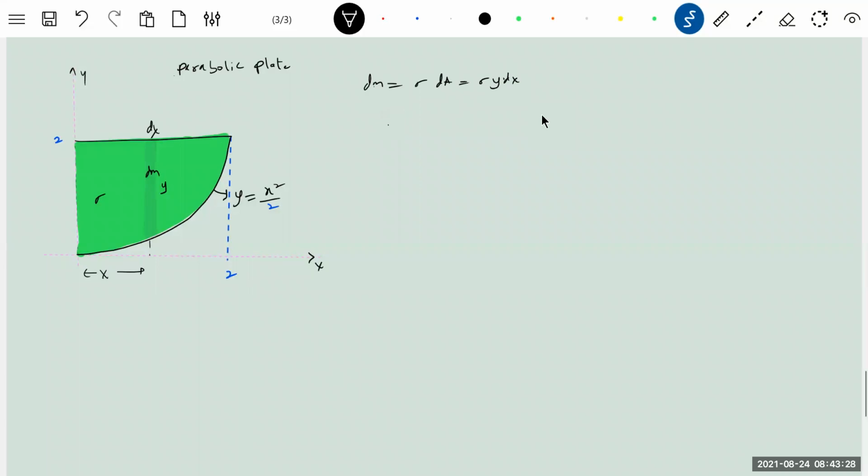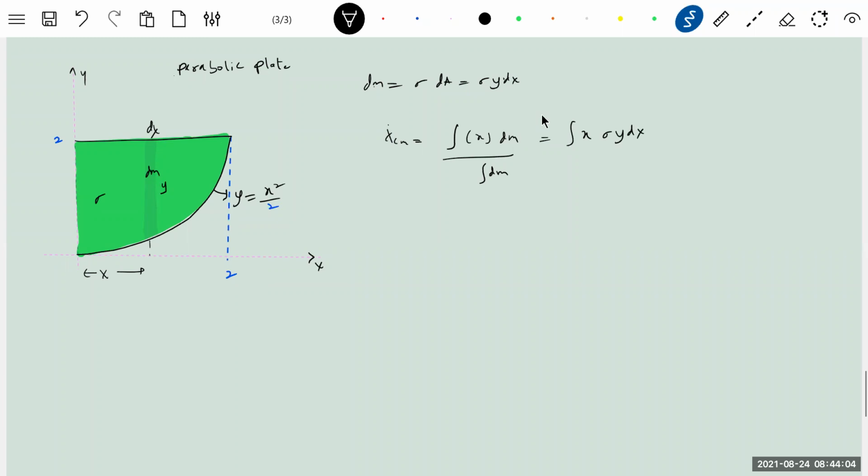So let's go first for the XCM part. The X coordinate of center of mass I'll calculate. At what distance will the center of mass of this strip be? Definitely at a distance x from the origin. So this will become x, times the mass of this strip dm, over the total mass. What is dm?